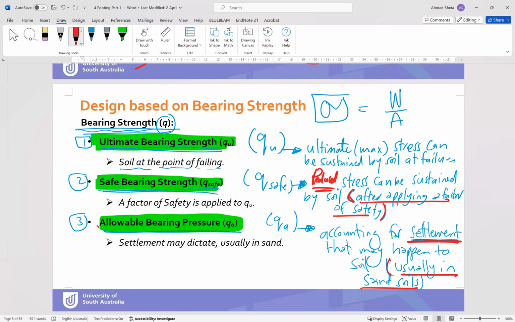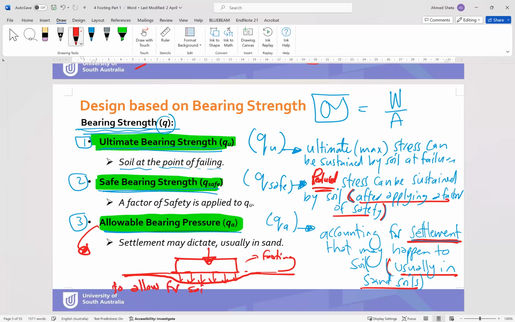Because in some soil, like sandy soil, what happens underneath the footing? The soil may settle a little bit. So we need to allow for soil settlement, then we reduce the bearing strength of soil.